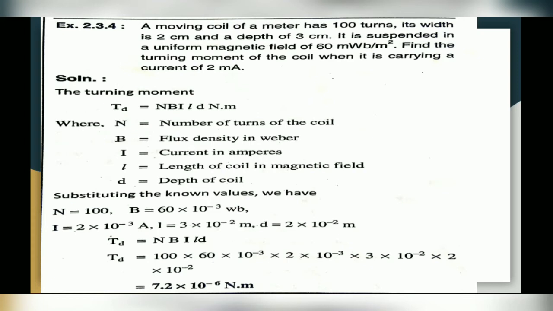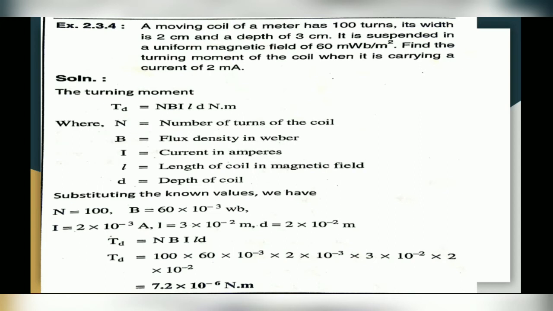We have N equals 100, then L is 2 centimeter, that is, you can write 2 into 10 raised to minus 2, and the value of D is 3 centimeter, you can write it as 3 into 10 raised to minus 2. Then B is 60 milliweber per meter square, and I is 2 milliampere.